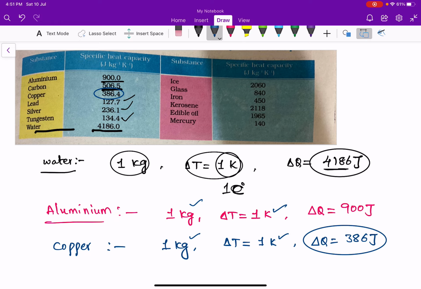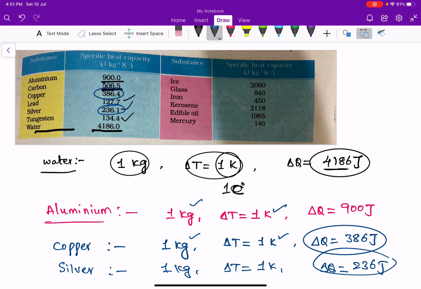For silver, the specific heat capacity is how much? For 1 kg of silver, to raise its temperature by 1 Kelvin, the amount of heat energy required is 236 joules only. But silver is costlier than copper. That's why we don't prefer silver.